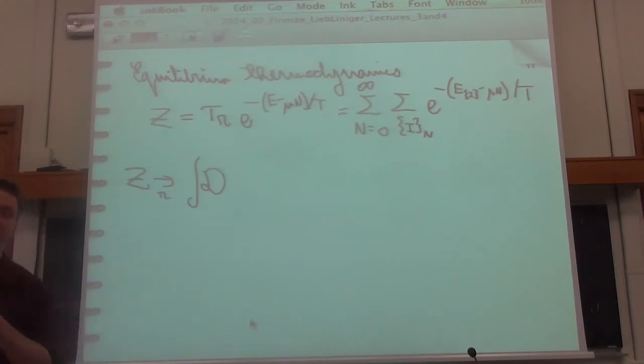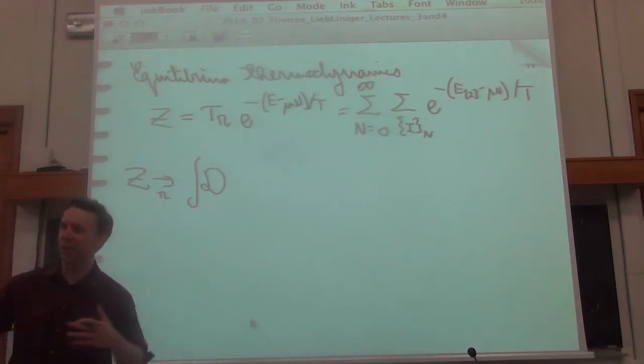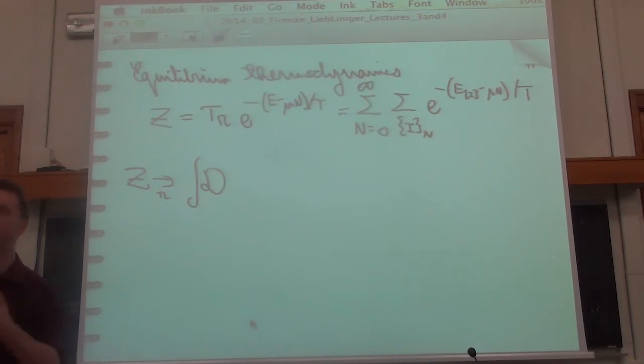Now, we don't really like working with ρ(x), we like working with ρ(k). There's a mapping between the two that comes from the Bethe equations, but that's fine.